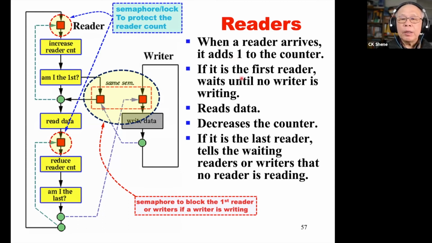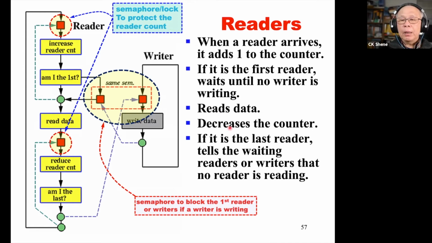If it is the first reader, it has to wait until no writer is writing. Now, this is the magic word. If this reader, the just coming in reader, is the first one, it must check to see, is there a writer writing? If there is a writer writing, this first reader must block itself. After that, this reader can read data.